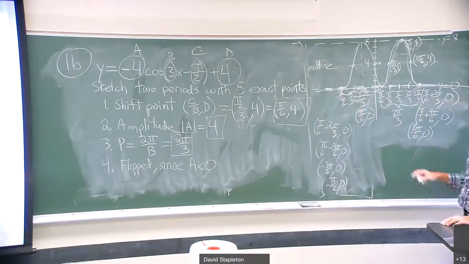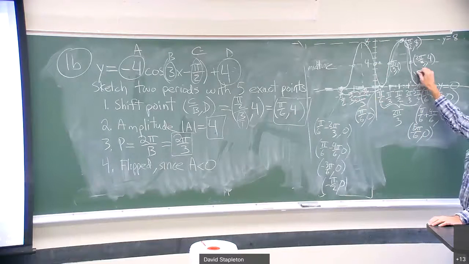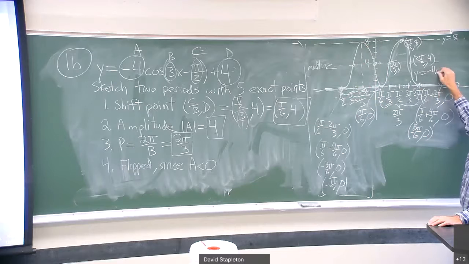So you can actually get 9, I guess, exact points on the 2 periods if you want. I won't ask you for more than 5. It's too tedious. There's how you sketch 2 periods of y equals minus 4 cosine of 3x minus pi over 2, plus 4.